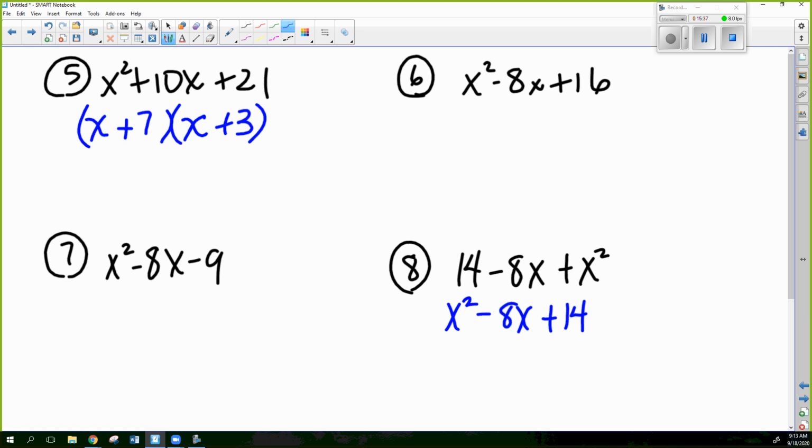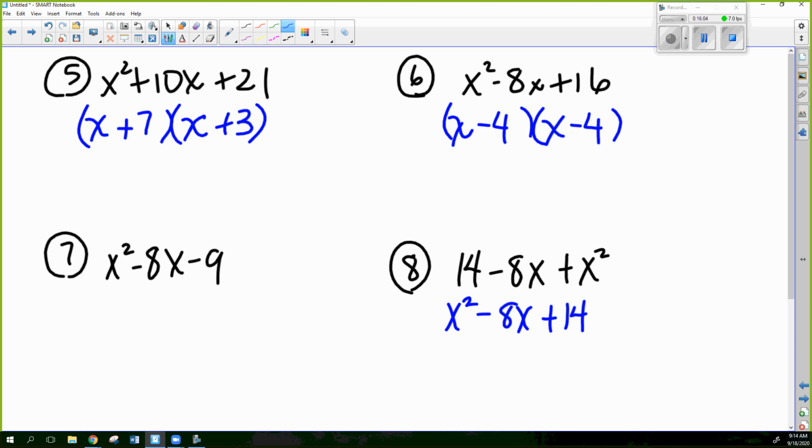All right, second one. Put your x's. This time I have to multiply to be positive 16, but add to be negative 8. Anybody but Ferris, just because I know he's good. Positive 16 multiply, but add to be negative 8. Negative 4 and negative 4.